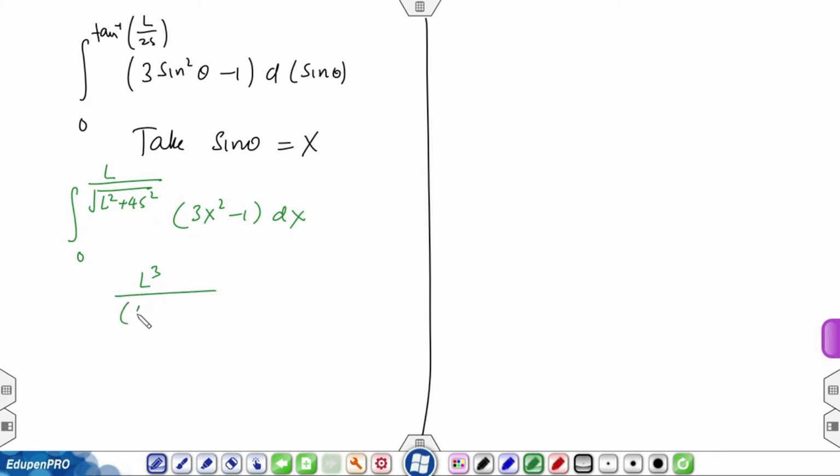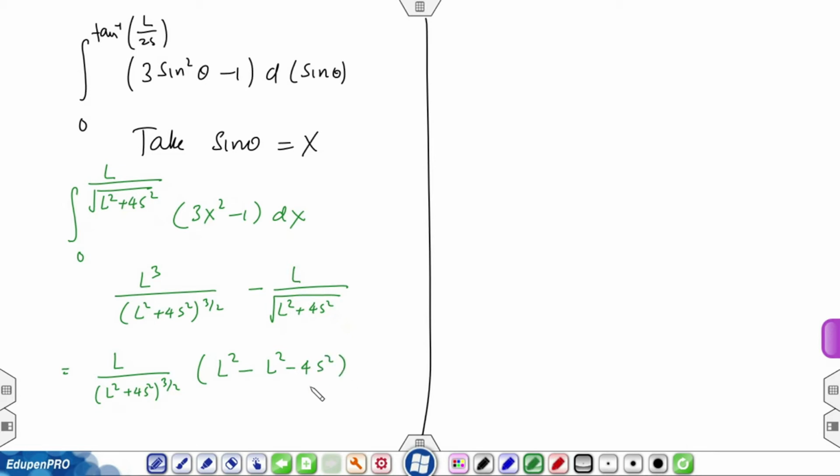L³ over (L² + 4s²)^(3/2) minus L over the square root of L² + 4s², which is nothing but L over (L² + 4s²)^(3/2) times, inside, I get L² minus L² minus 4s². The L² term cancels and you get −4Ls² divided by (L² + 4s²)^(3/2).